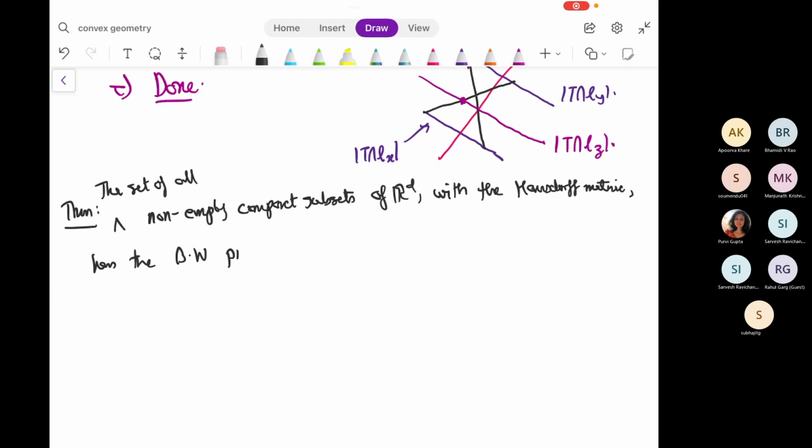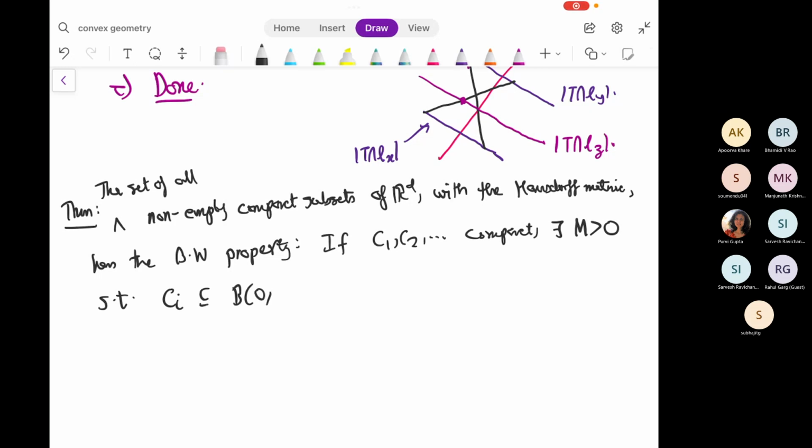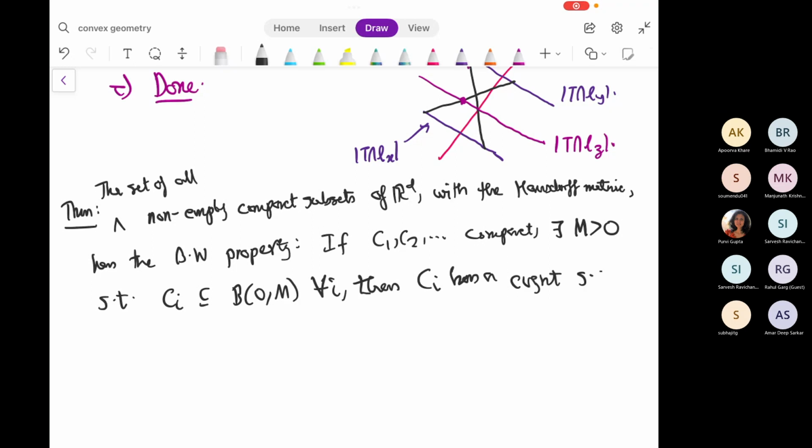What does that exactly mean? To spell it out mathematically, if you have compact sets C1, C2, and so on, such that there is a capital M greater than 0, such that Ci is contained in the ball of radius M for all i, then Ci has a convergent subsequence in the Hausdorff metric.